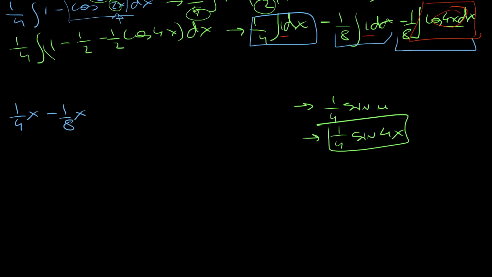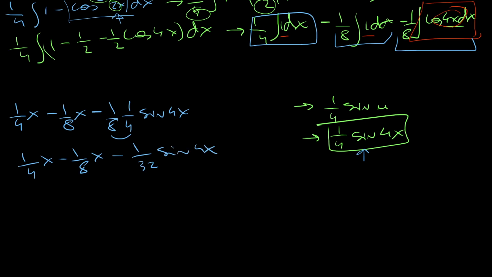And we solve this term, which is minus 1/8, and the term that we got from the u substitution is 1/4 sine of 4x. We multiply these two, so we have 1/4 x minus 1/8 x minus 1/32 sine of 4x.